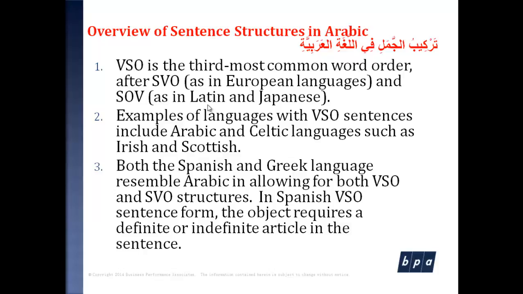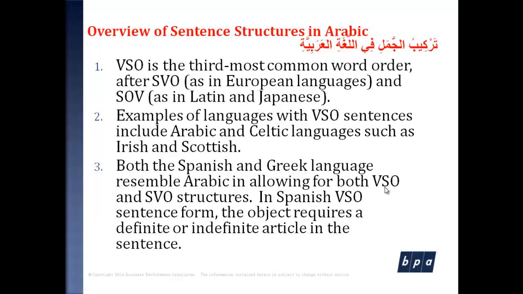Examples of languages with verb, subject, object include Arabic, as we just mentioned, and Celtic languages such as Irish and Scottish. Both the Spanish and Greek languages resemble Arabic in allowing for both verb subject object and subject verb object structures.